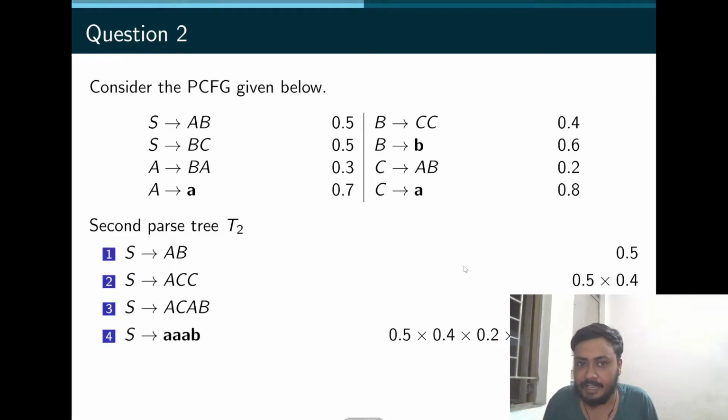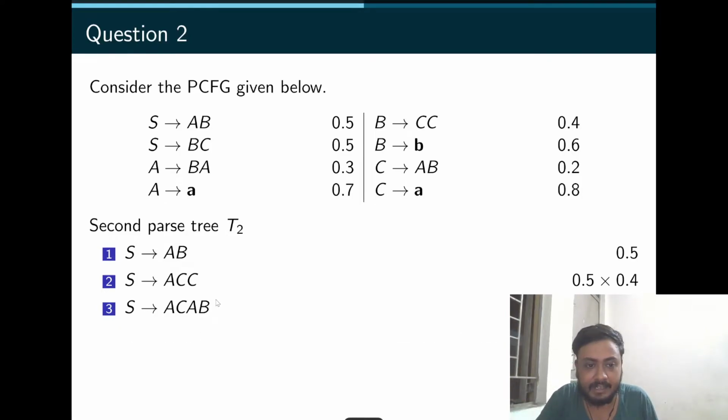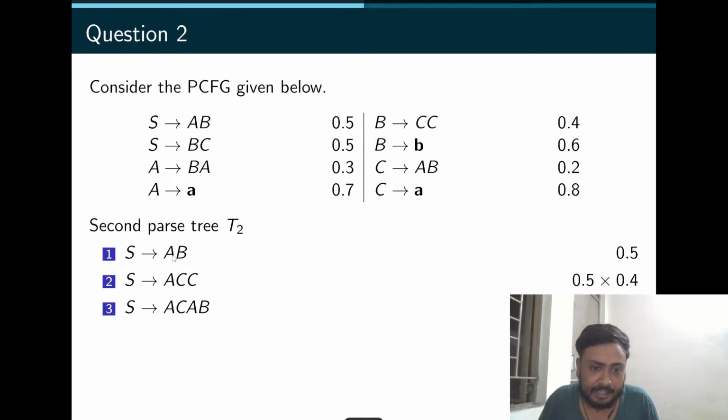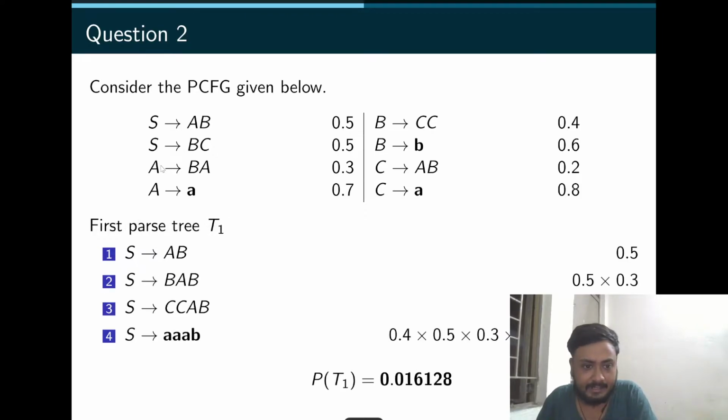And this is how we get the probabilities on the RHS. Now the interesting thing here is that starting with the rule S gives AB, we have exploited all the possible choices we could have done. Why am I saying that? Well, in the first case we took S gives AB and we expanded the A, and the only way to expand the A is this one, which is A gives BA.